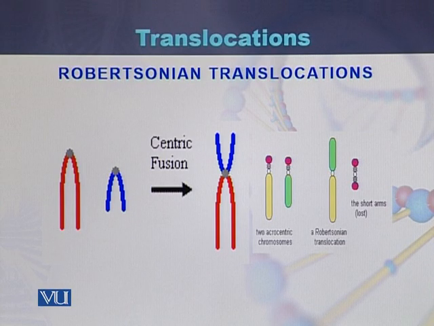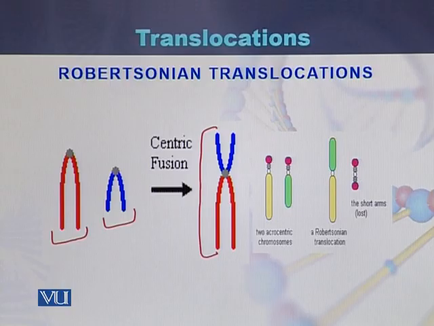Robertsonian translocation with the help of diagrams: here we can see there are two acrocentric chromosomes. This is acrocentric chromosome 1, this is acrocentric chromosome 2. As a result of the translocation or fusion, they join with each other and form one single chromosome.